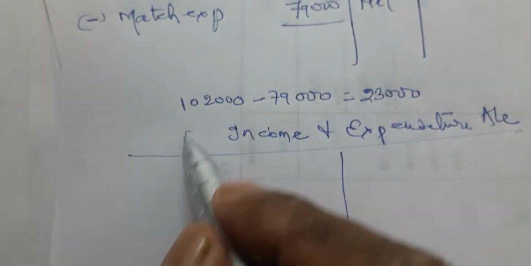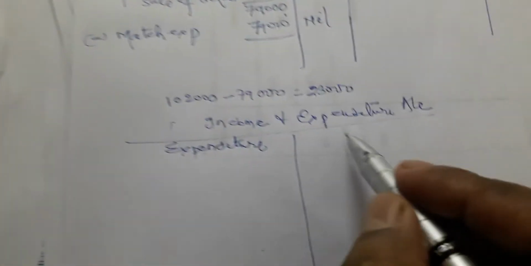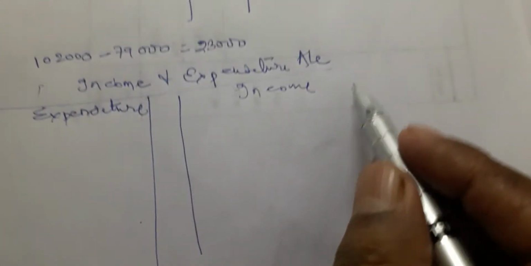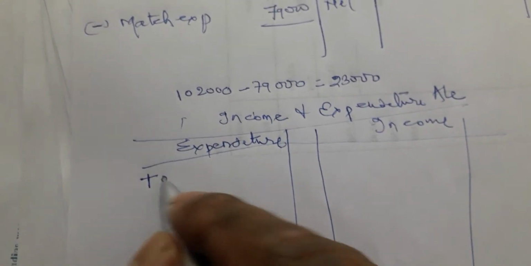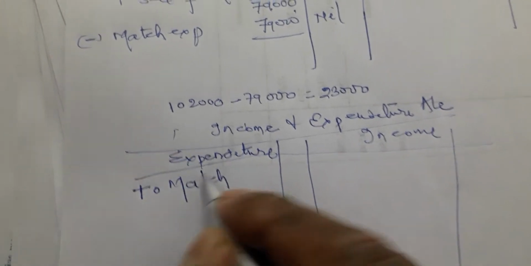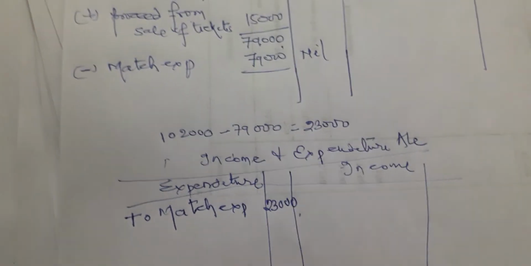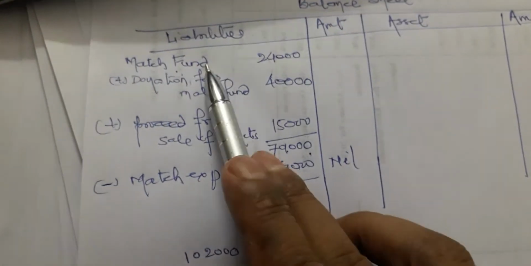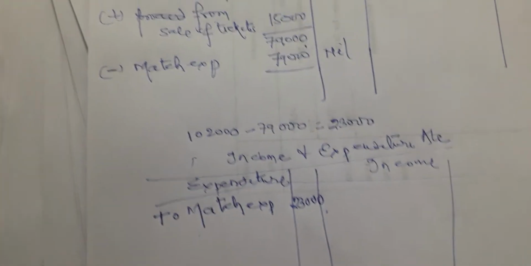On the expenditure side, to match expenses, 23,000 rupees. Out of 1,02,000, 79,000 is adjusted in the match fund in the balance sheet, and the balance is transferred to the income and expenditure account as match expenses.